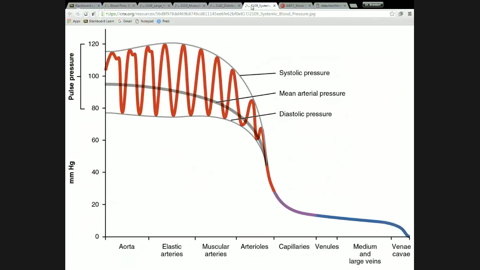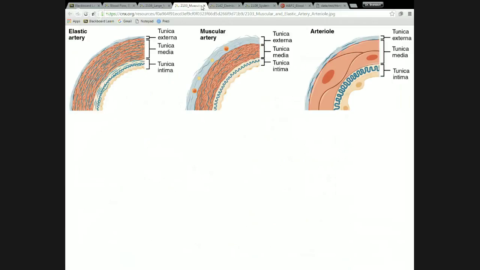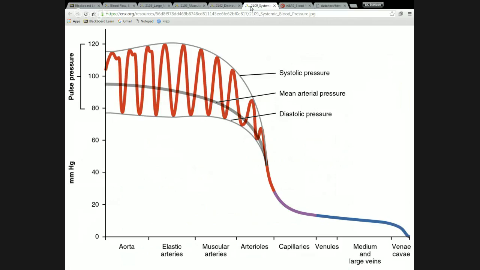The size is just talking about their diameter, but they're all veins, all one type of vessel. But where they have three types of arteries laid out, the book maintains those are separate types of vessels. So keep that in mind.